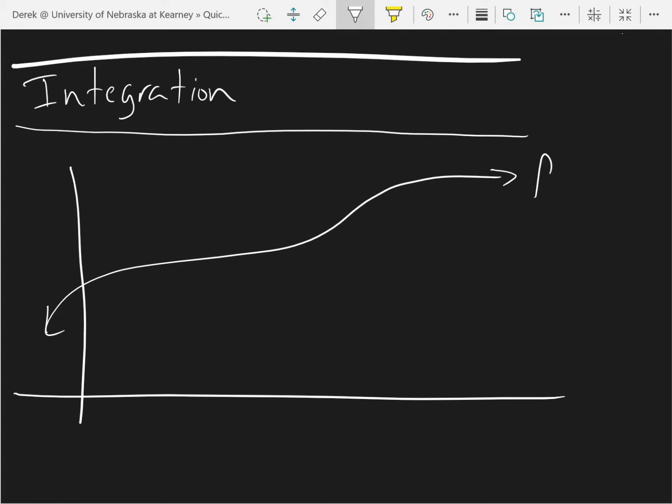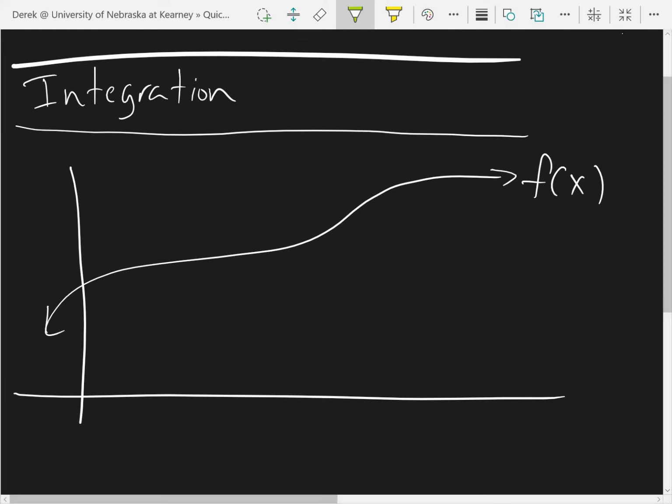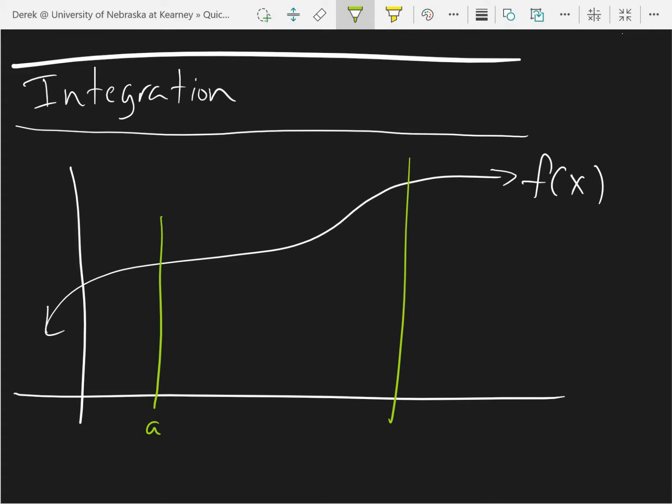Say we have this function f of x and we want to find this area between a and b under the curve.